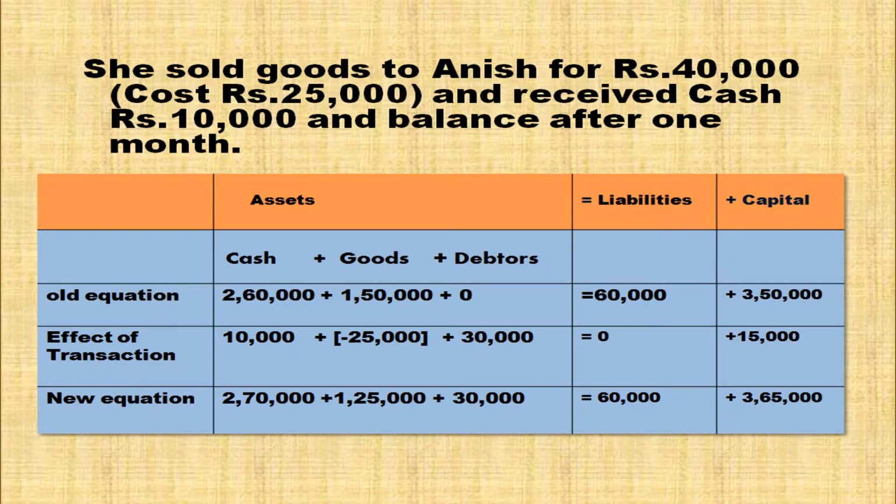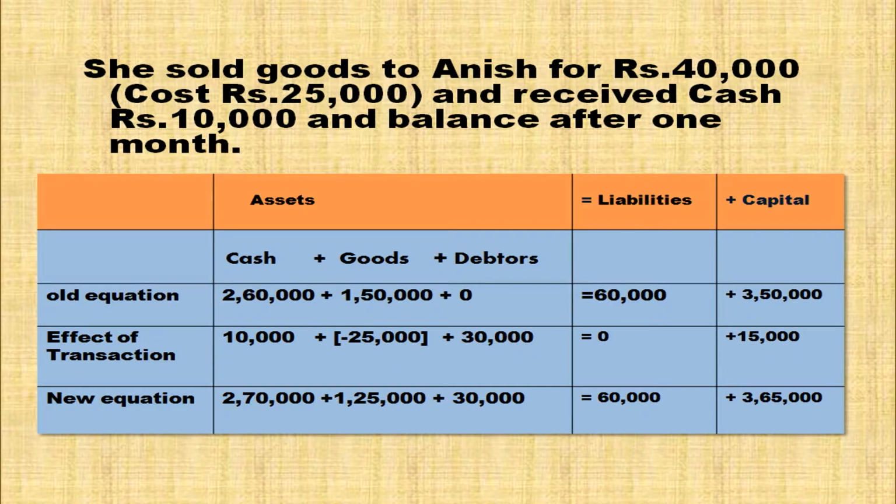So, the new accounting equation should be written, and in addition to that, selling price minus cost price, 40,000 minus 25,000, will be the profit because the selling price is more than the cost price. So, profit is there, and profit will be added to the capital. If it is a loss, that is, the cost price is more than the selling price, it will be deducted from the capital.